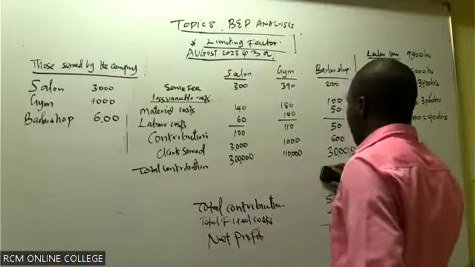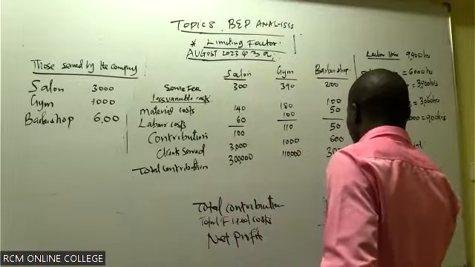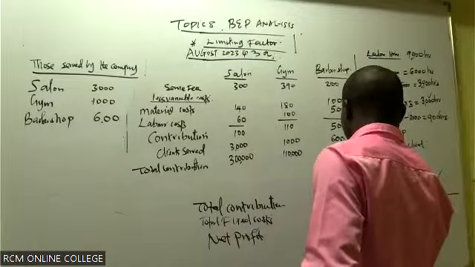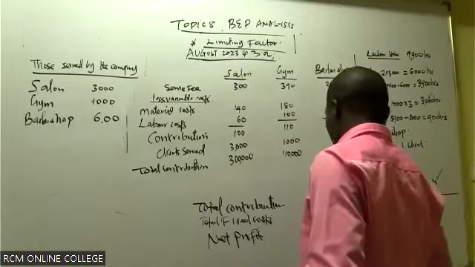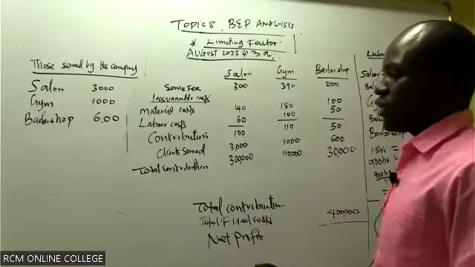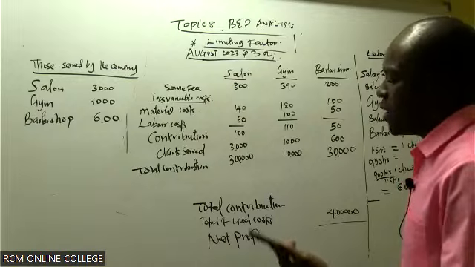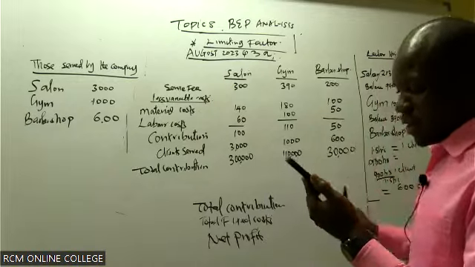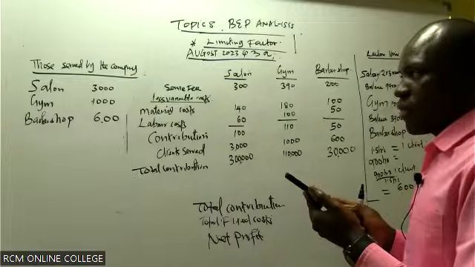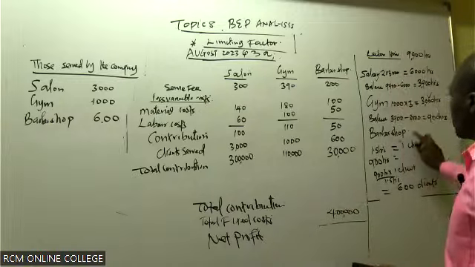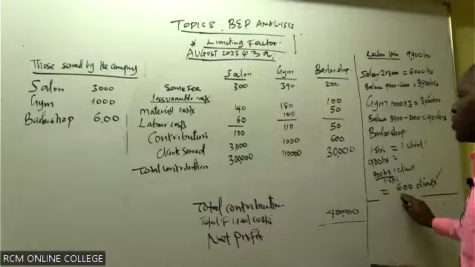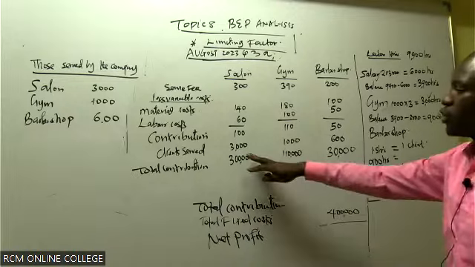So we are now answering the question as per August 2023, question number 3A, part 3. Having done the rationing, this is what the company managed to provide. And that's what we have here.